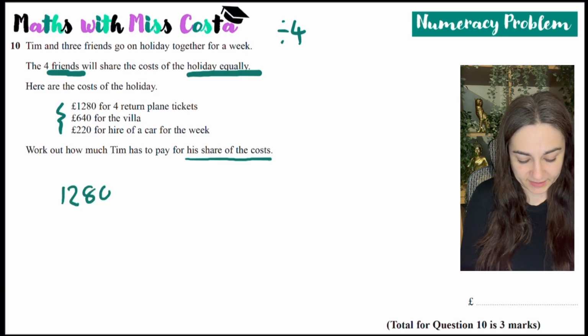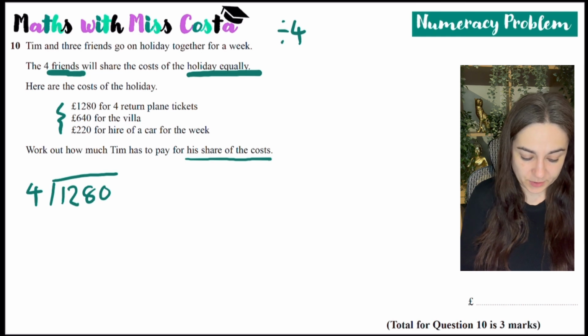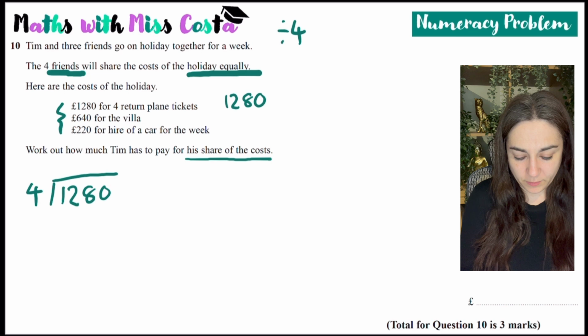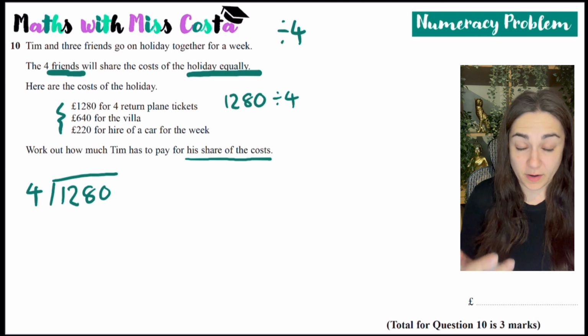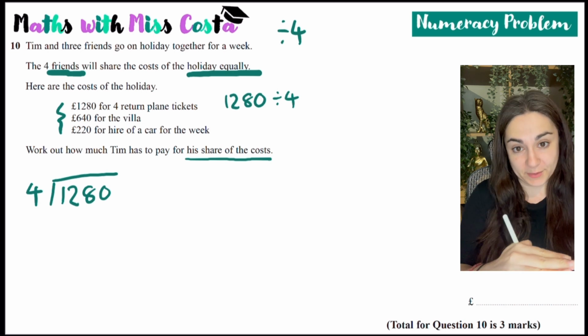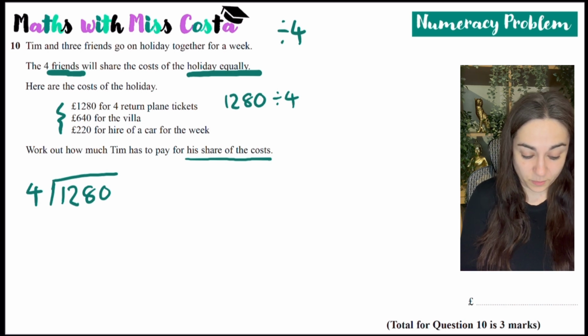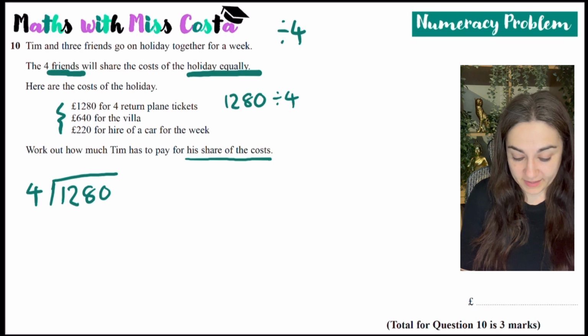So I can use the bus stop method. For the plane tickets, I'm going to need to do 1,280 divided by 4. Some people get confused with the bus stop method, but the way you do it is inside the bus stop, you put the number that comes first. And outside the little bus stop, you put the number that is being divided. So we're saying 1,280 is split into 4 parts.